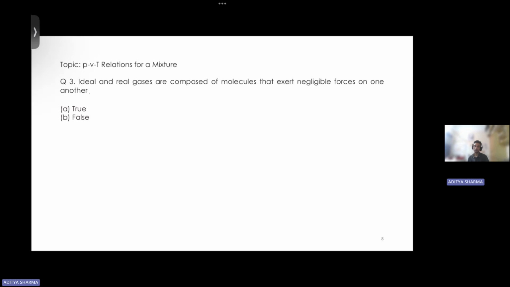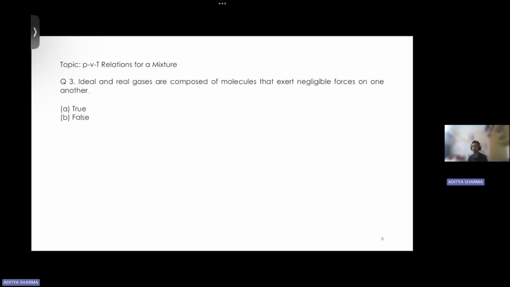And we saw that it has been explicitly mentioned in that discussion that the molecules of real gases exert force on each other, and because of this force, the pressure that is experienced on the walls is less in comparison to the same gas in ideal conditions.